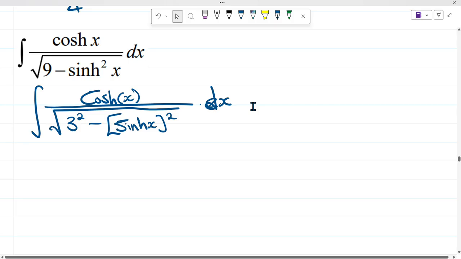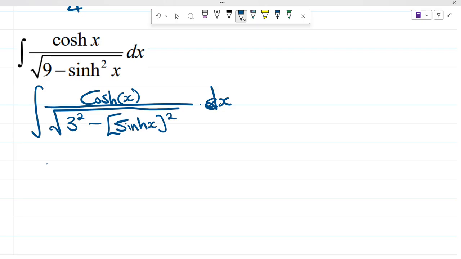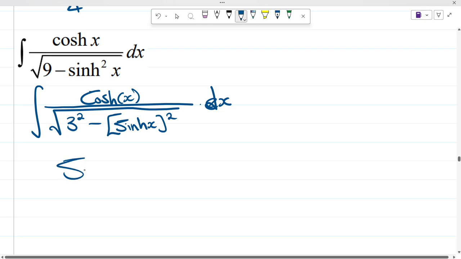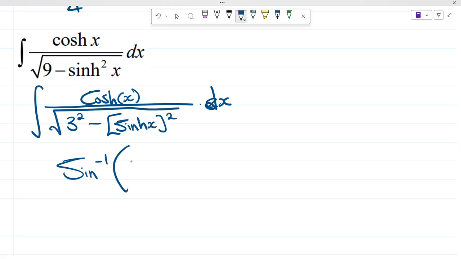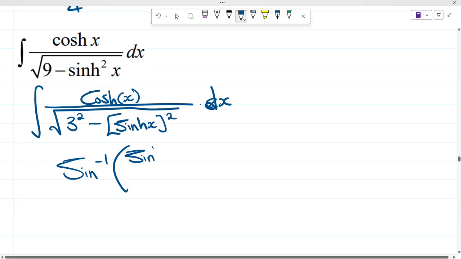Sine inverse. Because we're having a, of course we should have 1 over a somewhere, but we know that the formula for sine inverse doesn't have 1 over a outside. So this is sine inverse of what? Our f of x is the thing that is squared here, so that's hyperbolic sine of x divided by our a being 3, then plus c.